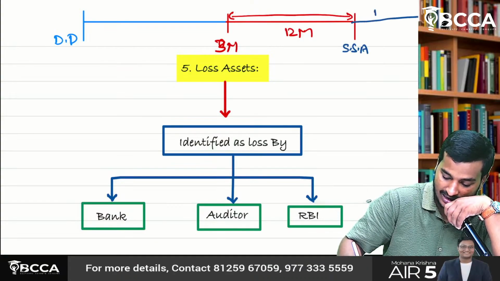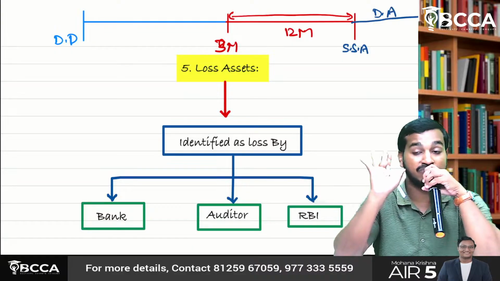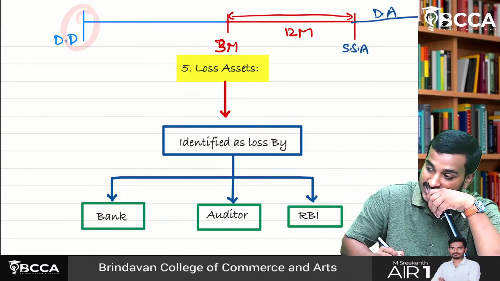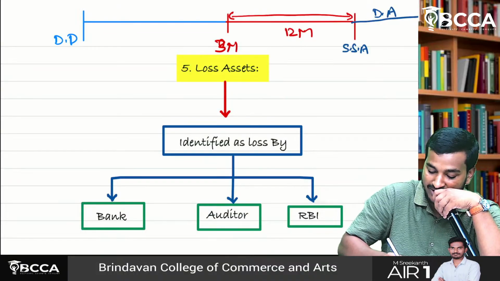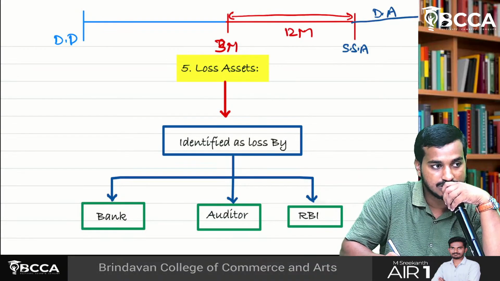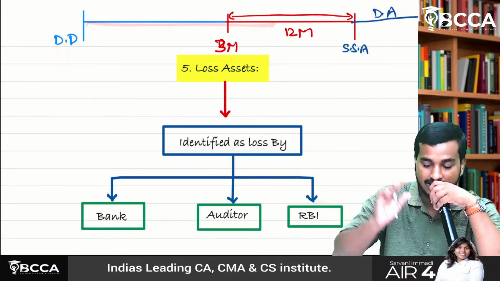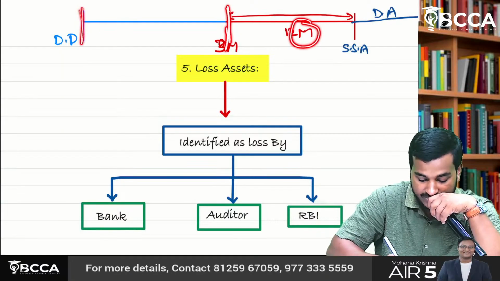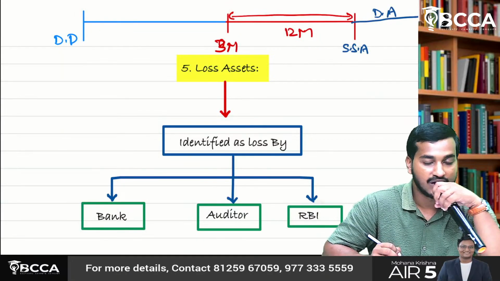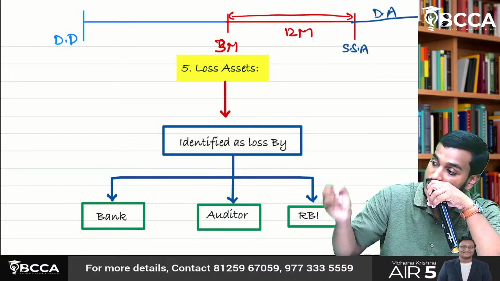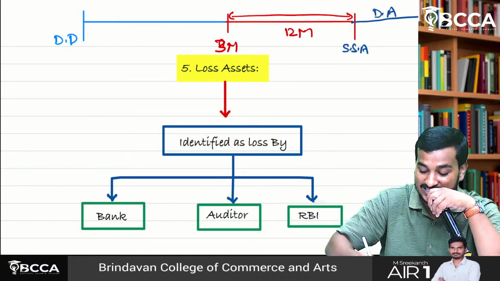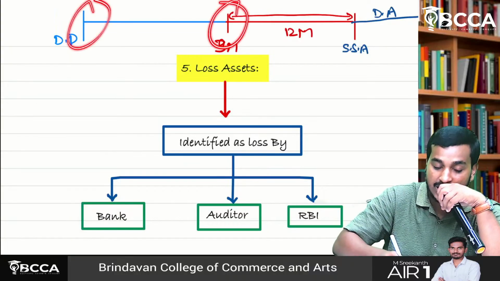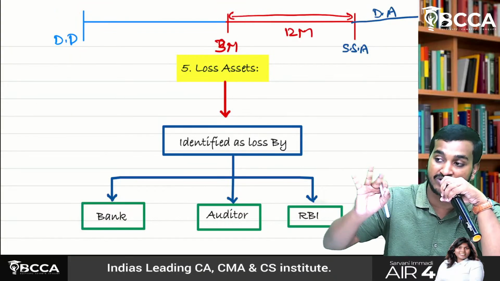Listen very, very carefully: the 12 months is counted from this date, not from this date. Are you getting my point? When you call an asset a substandard asset, you have to consider from the date of NPA, not from the due date.